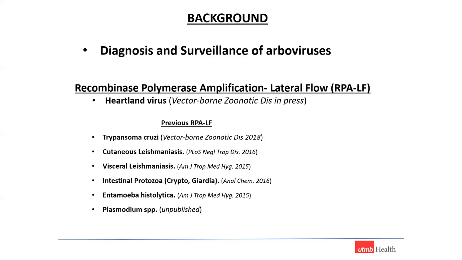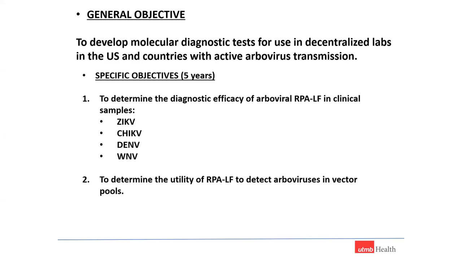So we have some experience with developing RPA lateral flows. The overall objective is to develop these tests so that they can be used in smaller laboratories, so they don't have to send samples to larger regional laboratories and wait days to weeks to get results back, both here in the US as well as developing countries.